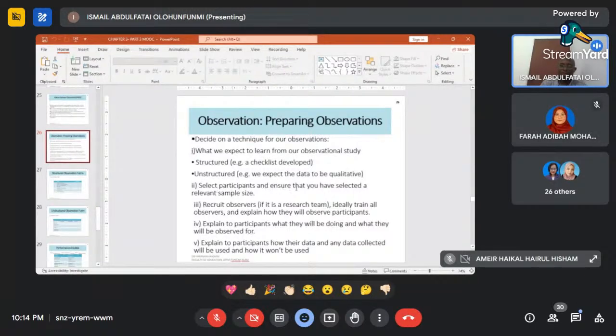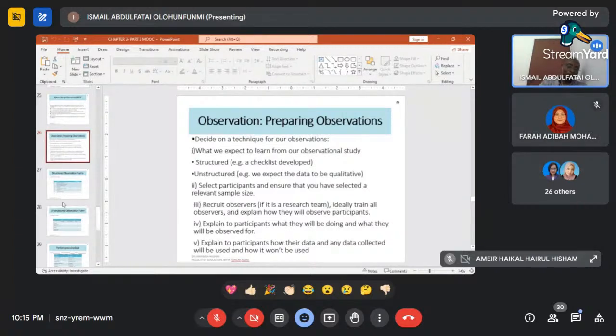Select participants and ensure that you have a relevant sample size. Recruit observers if it is a research team. Ideally, train all the observers and explain how they will observe participants. Explain to participants what they will be doing and what they will be observed for. Explain to participants how their data will be used and how it won't be used.